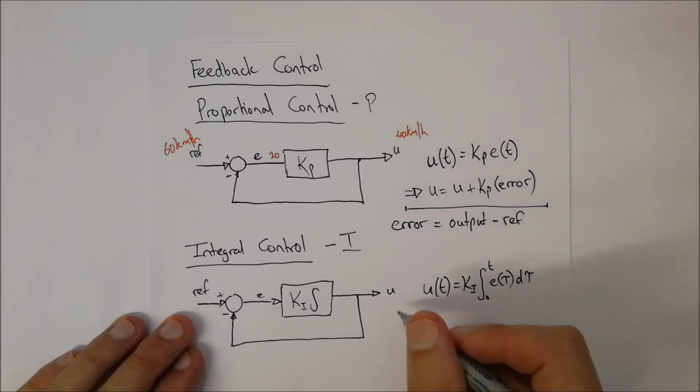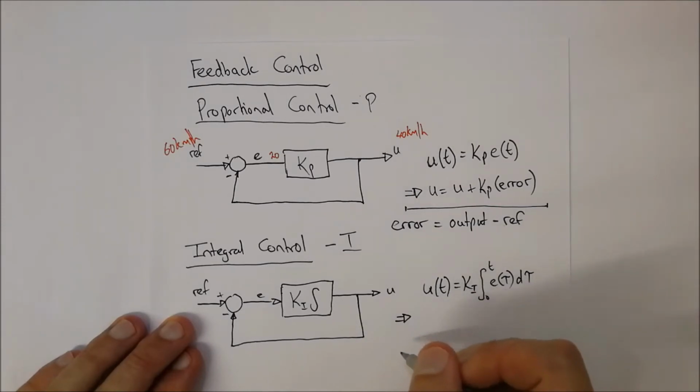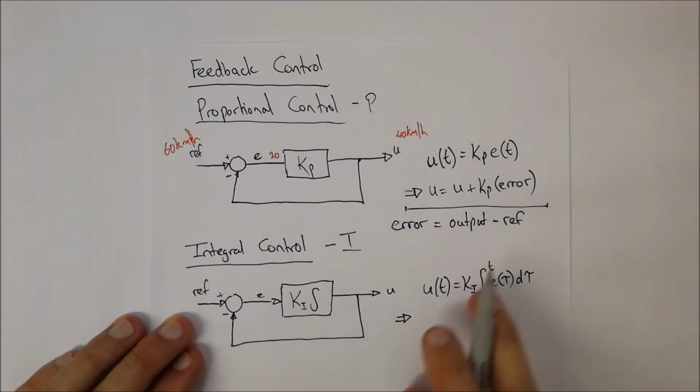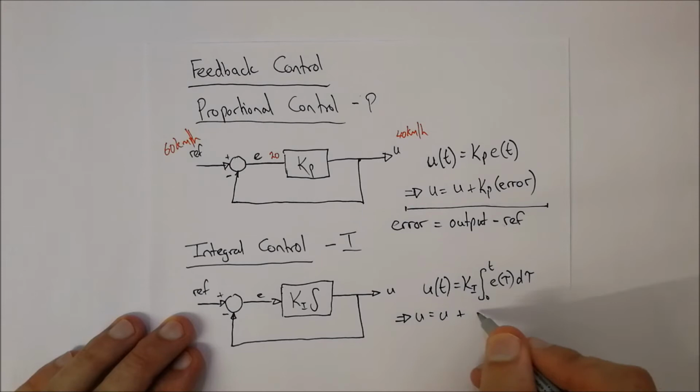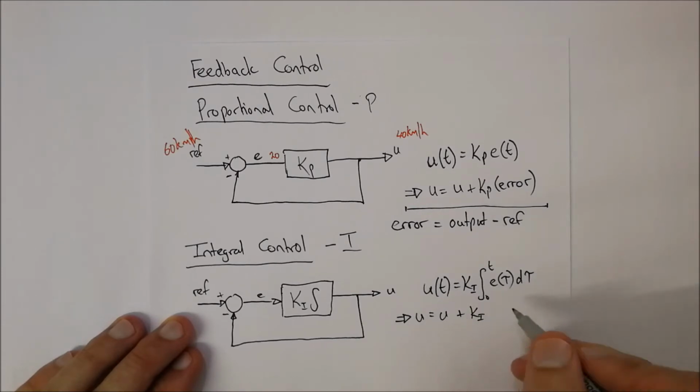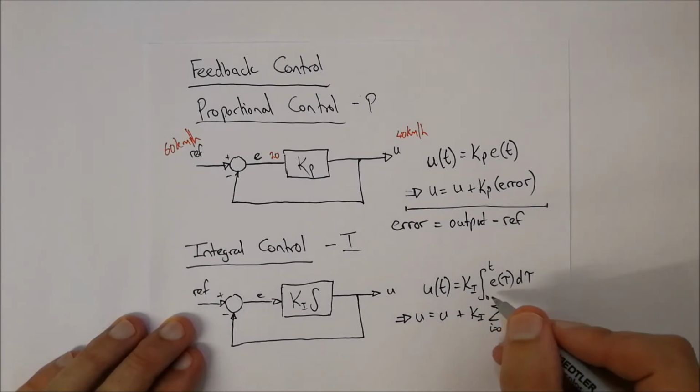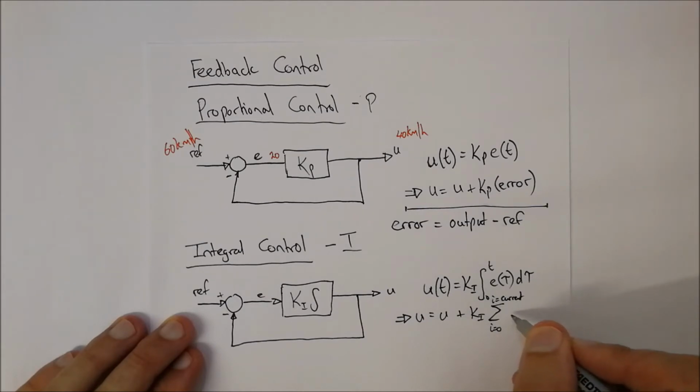Okay, and this implies that in a very similar fashion as we've done over there, u is equal to u plus Ki times the sum of i equal to 0 up to i equal to the current value of error i.